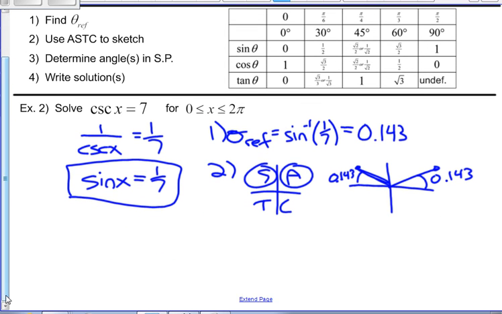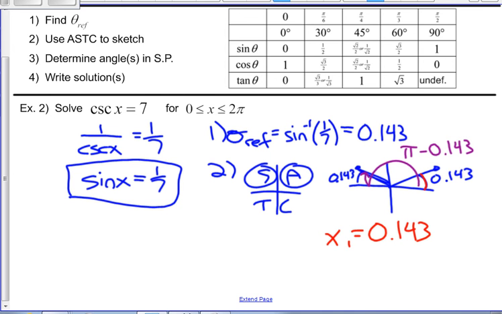And from there, you can see your first solution is just 0.143. Your second solution will be 180, or pi, minus 0.143.